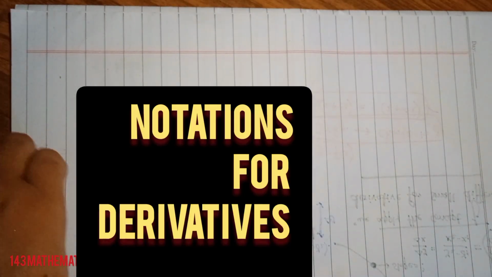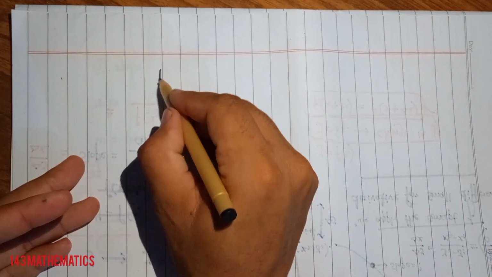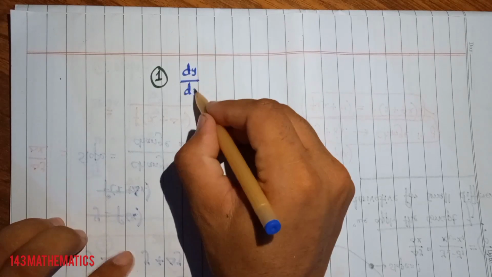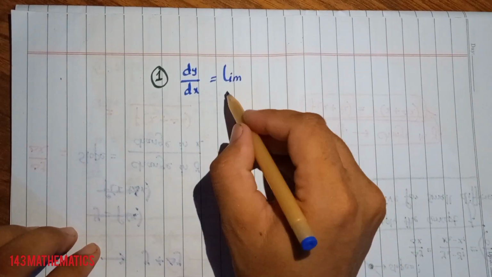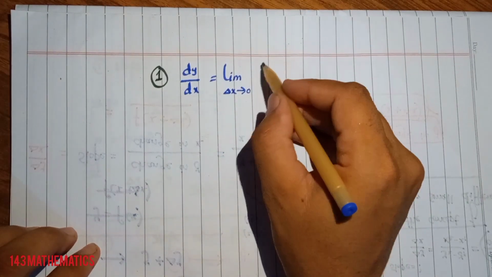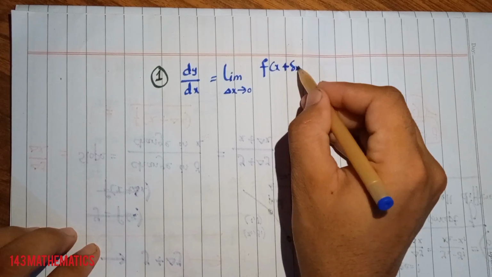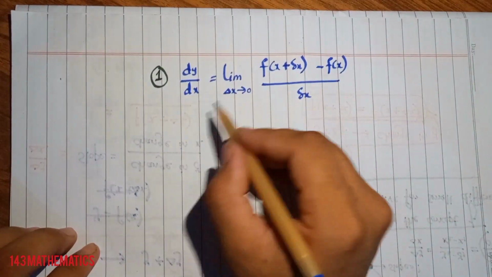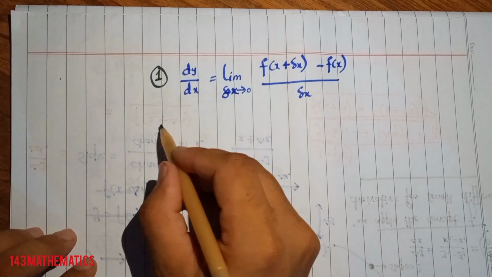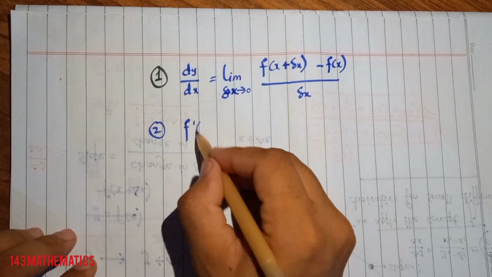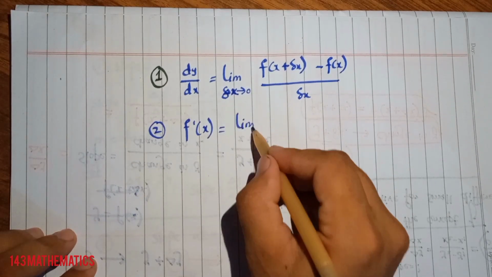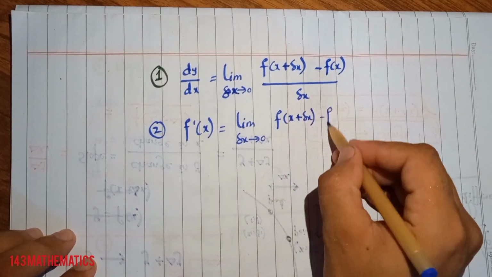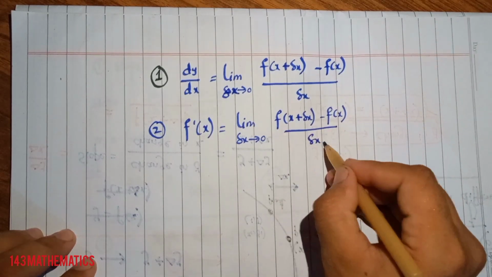First of all, we can write the derivative as dy by dx is equal to limit del x approaches 0 of f of x plus del x minus f of x divided by delta x. Another notation is f dash of x, which is the same limit as del x approaches 0 of f of x plus del x minus f of x divided by delta x.